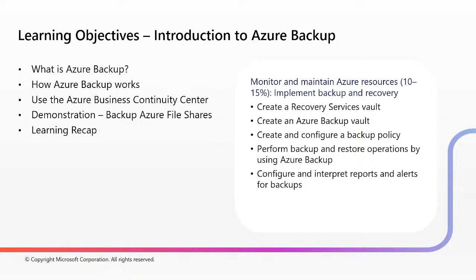Before you can actually back up any of your resources, you need to create a vault. The kind of vault that you create, either the Recovery Services vault or the Azure Backup vault, depends on what resource you are trying to back up. Backing up a virtual machine might be different from backing up, let's say, a storage account. So the vault that you create depends on that.